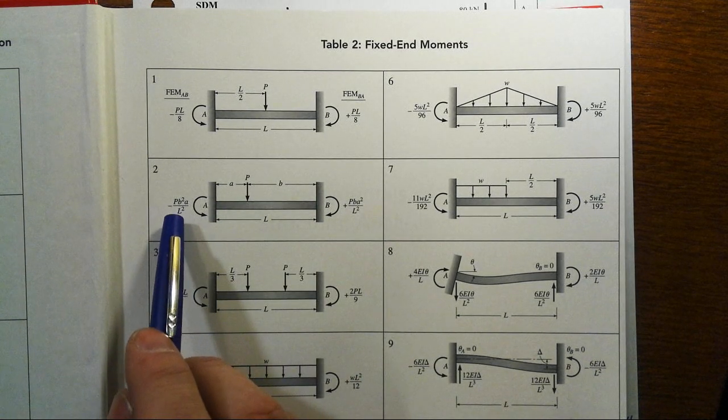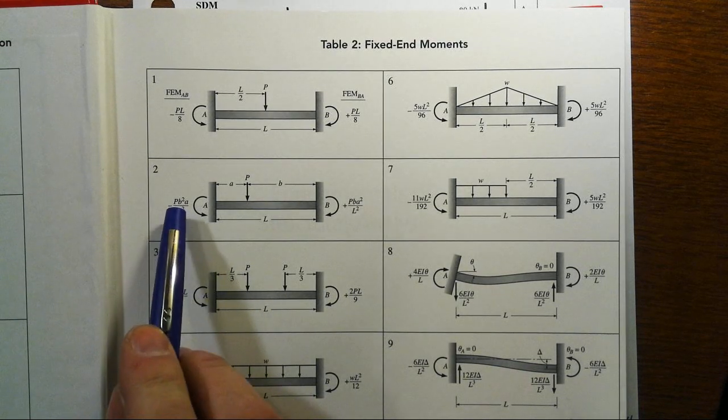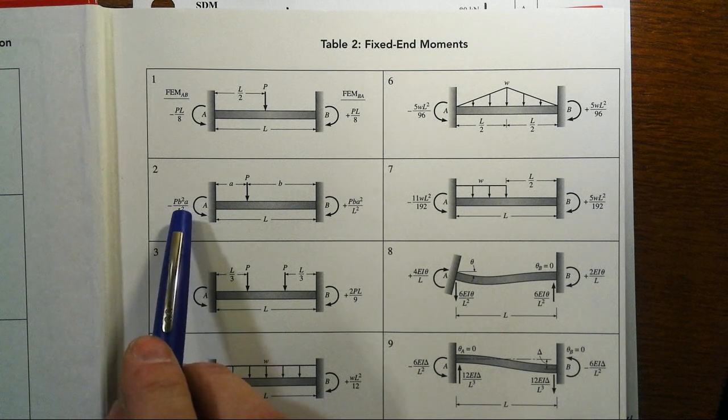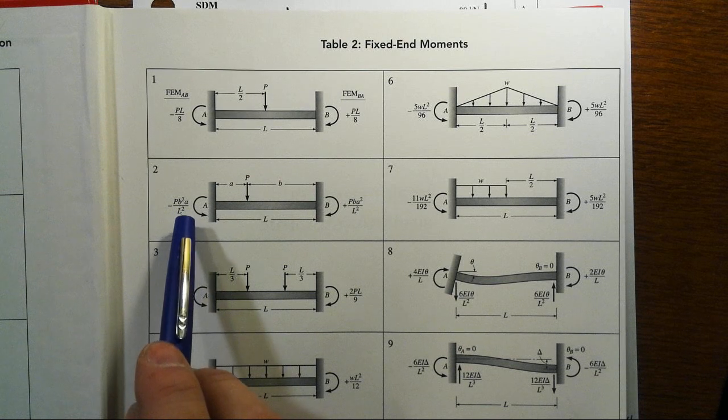And I just remember that, of course, it's going to be directly associated with the total concentrated force. And then I'm going to have some sort of A times B times another thing over L squared.